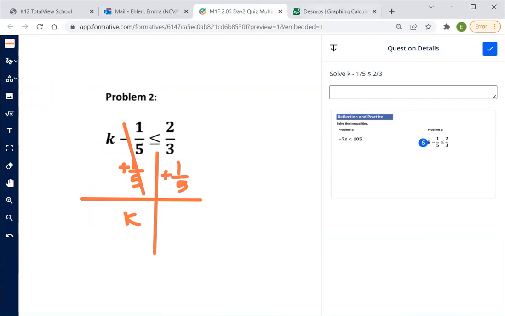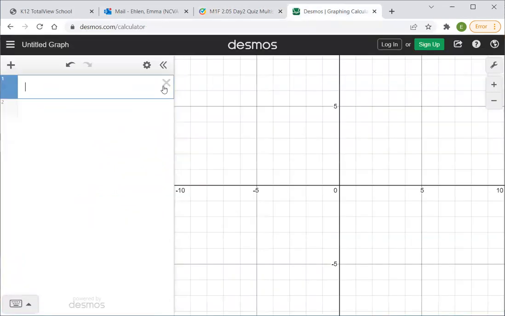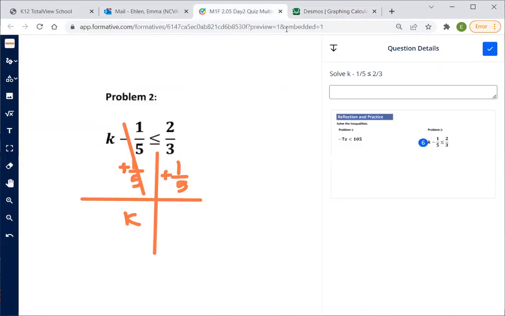If I do 2/3 plus 1/5, gotta press the left arrow key, plus 1/5 equals 0.87, or 13/15. We didn't divide by a negative or anything, so it is just that answer. I'm going to steal this symbol: is greater than 13/15.